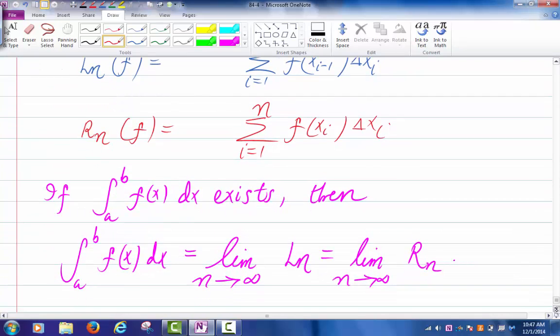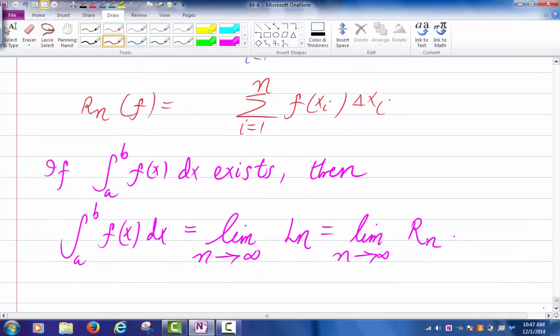Why am I looking at them? Well, remember we defined the definite integral from a to b of f of x dx to be the limit of the Riemann sums as the mesh goes to 0. It is defined as some sort of limit, so the limit may not exist.